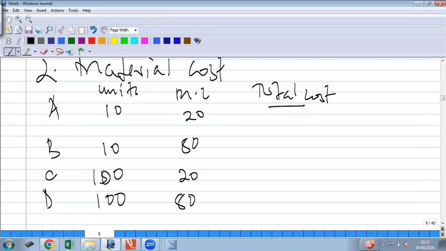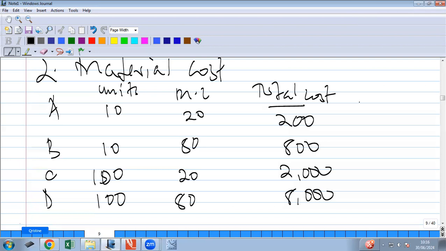Online start from D, on the side start from A, so that we move very fast. A is, this is 200, this is 800, this is 2,000, this is 8,000, right? Let's take this to our working.